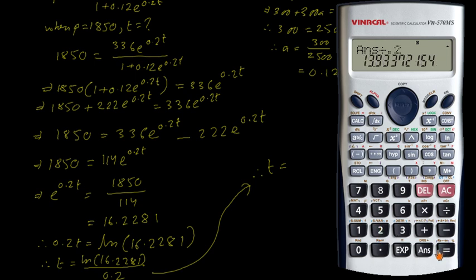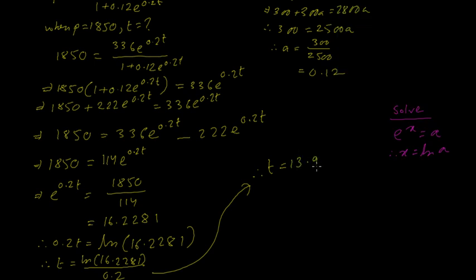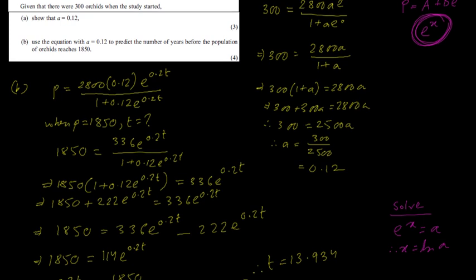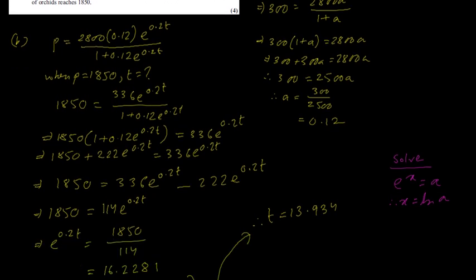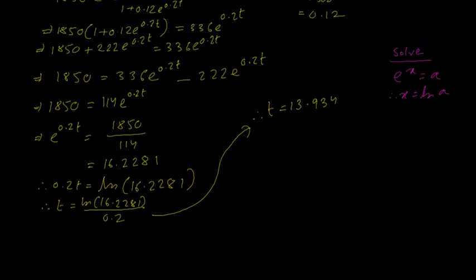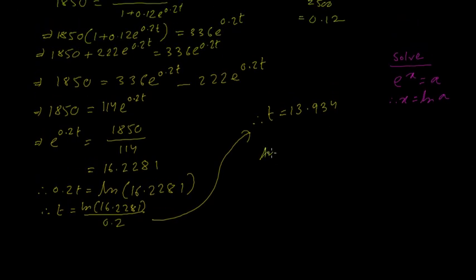So that answer is 13.934. Now did they tell us to write the answer in a certain way? Find the number of years. So number of years, we can write it 14 years, or we can write 13.9 years. You have to give the unit, otherwise you will not get the A1 mark.